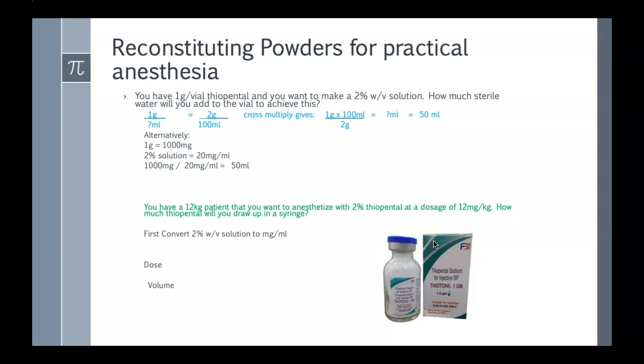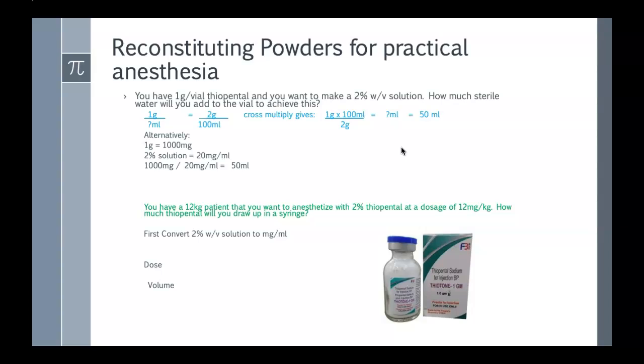So cross multiplication, we can take our 1 gram over an unknown amount of milliliters is equal to 2 grams over 100 milliliters. So when we cross multiply, we get 1 gram multiplied by 100 mils equals over the 2 grams equals how many mils? So if we take 100 mil divided by 2 grams, it gives us 50 mils.